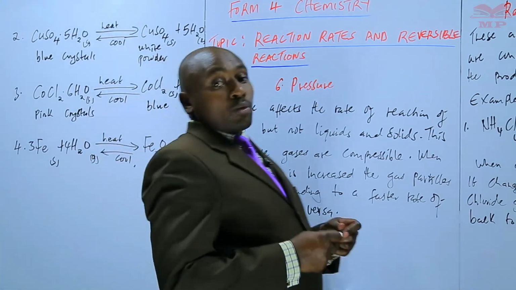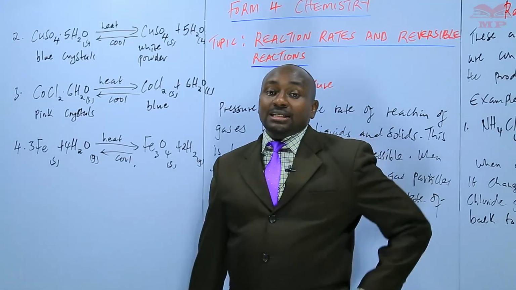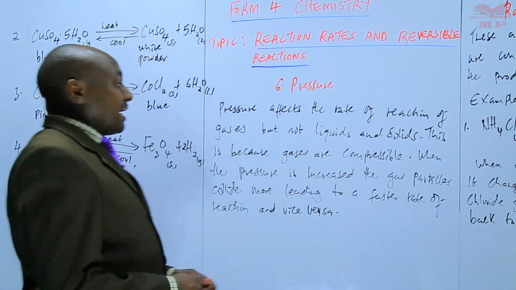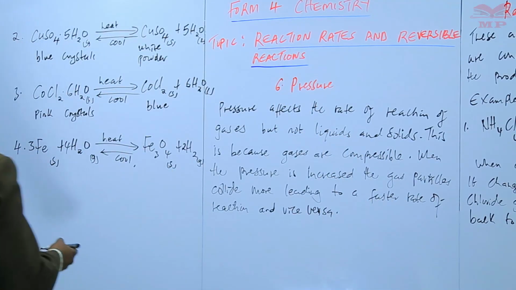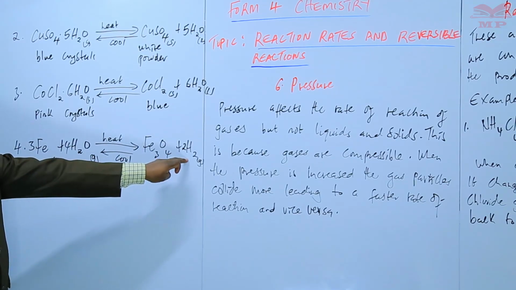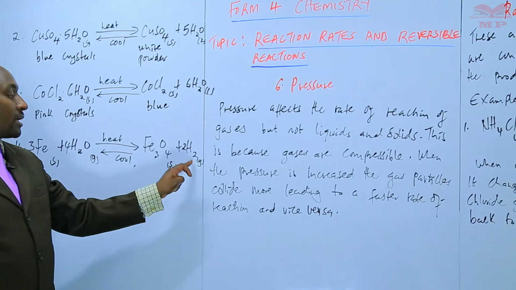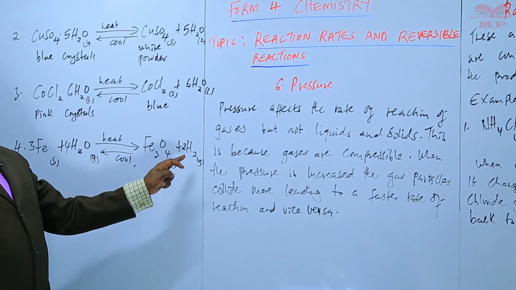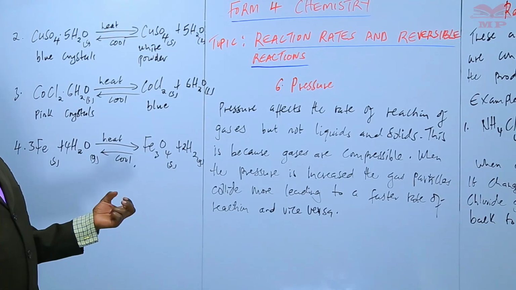So basically, we have seen a number of reactions that can be reversed. And the assumption here is that the products should not be allowed to escape. If, for example, it's a gas, this is a reaction that needs to be done in a closed vessel.